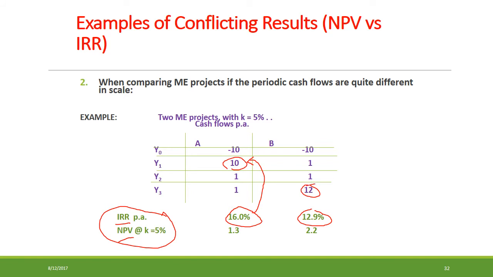Whereas for projects where the large cash flows happen later, the IRR is smaller. Whereas the dollar value of the project gives a different picture.